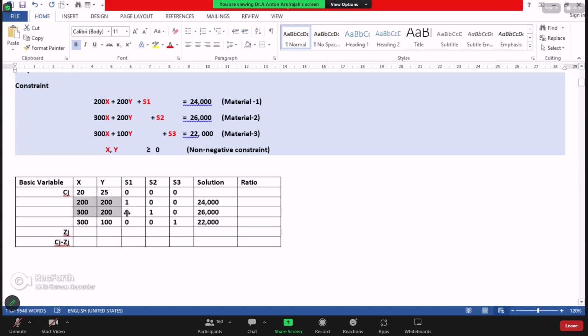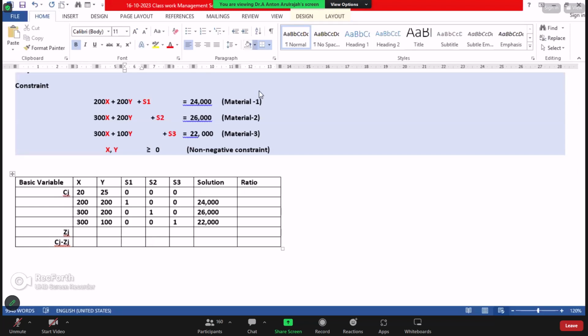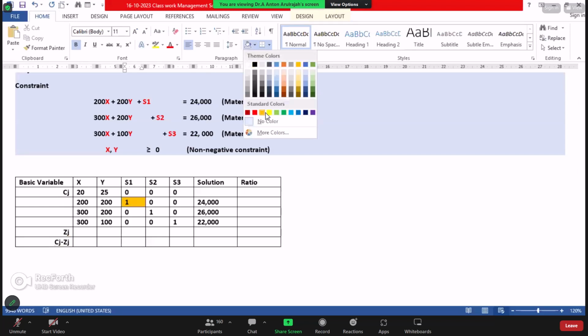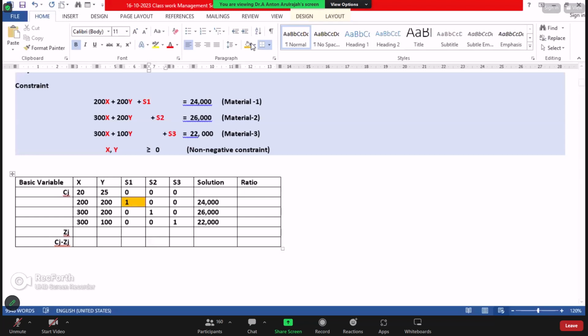These are the constraint per unit requirements. You see these diagonal values taking 1 as a coefficient. This one is representing material 1. This one is representing material 2.